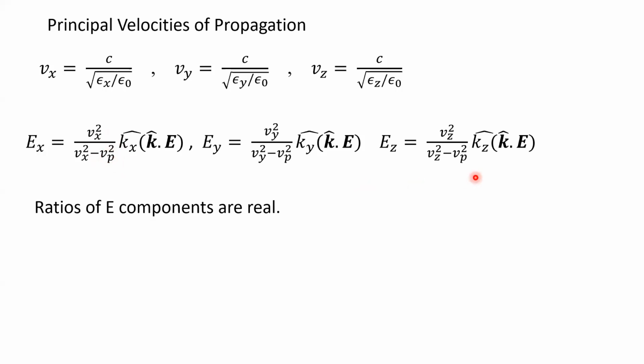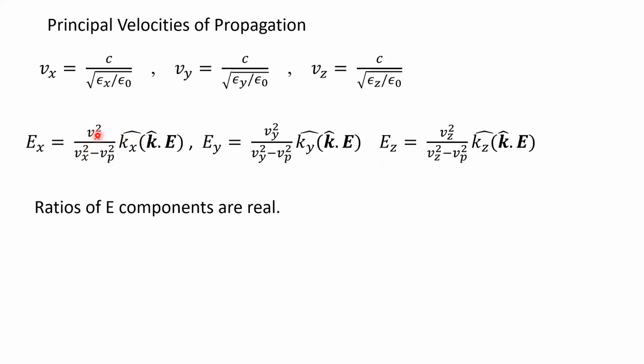So look at these three components. If you take the ratios of these components, then the constant part will cancel, and the ratio will depend on these parts. But these parts are real.